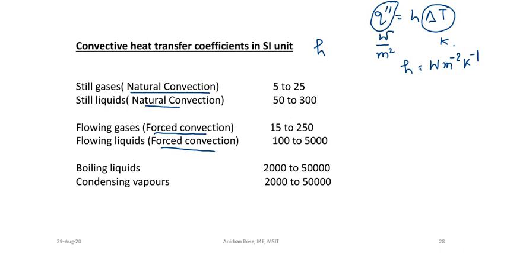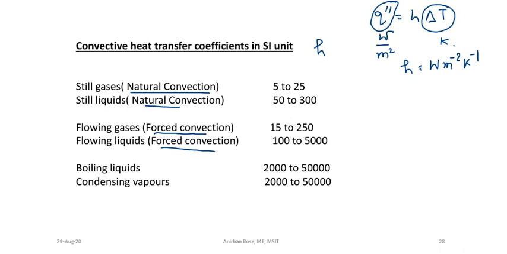And natural convection is where there are no external agencies like a fan or pump, but because of the temperature gradient, because of buoyancy forces, because of the density difference, natural fluid flow occurs.